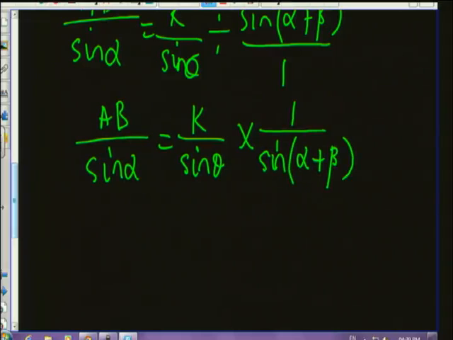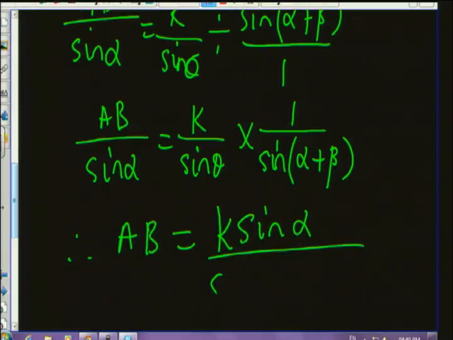Now, guys, we need to make AB the subject of the formula. So therefore, I've got AB divided by sine alpha. The undo of division is multiplication, so I can multiply by sine alpha on both sides. So I get AB is K times 1, which is K sine alpha, all divided by sine theta times sine alpha plus beta.